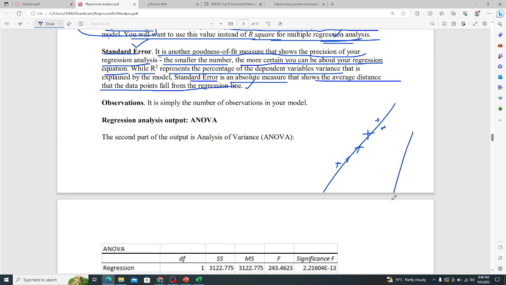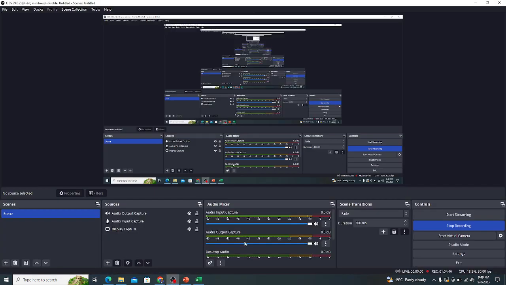Compared to this, here we'll have a very big value of standard error. Then observation is simply the number of observations in your model.